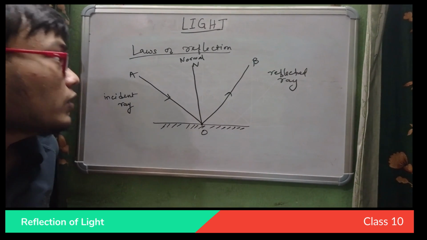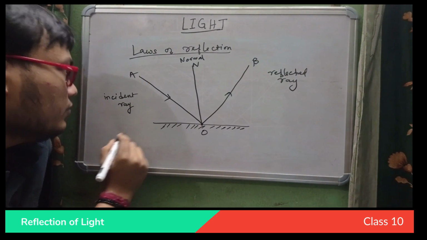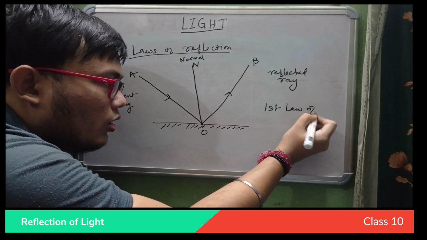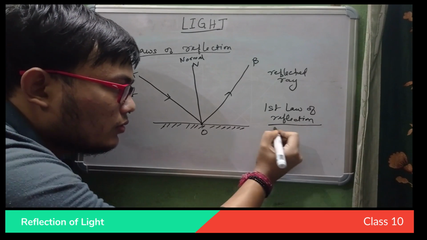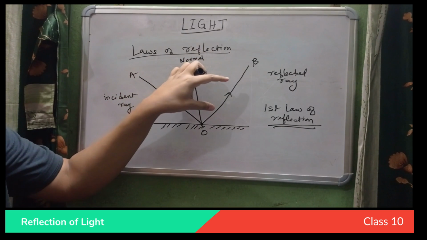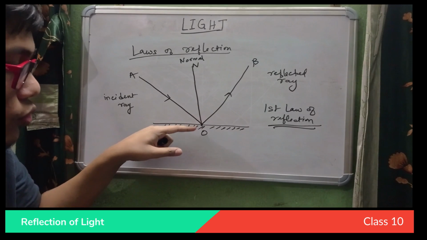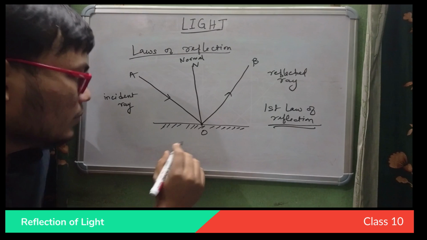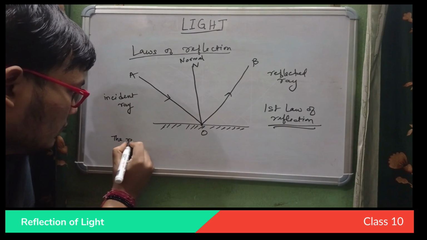There are two laws of reflection. The first law of reflection states that the incident ray, the reflected ray and the normal at the point of contact O lie on the same plane. I'll write it down first and then explain.